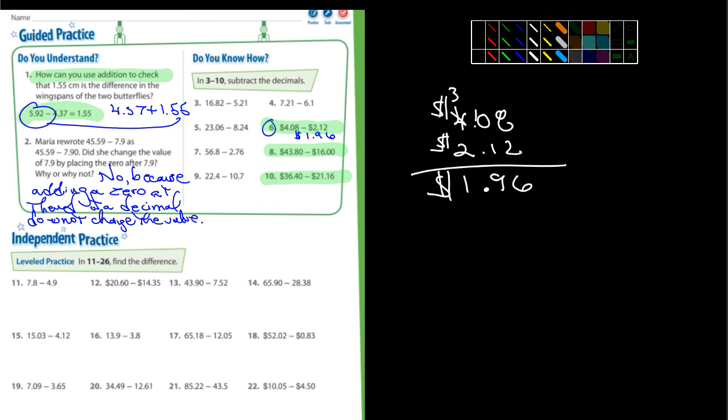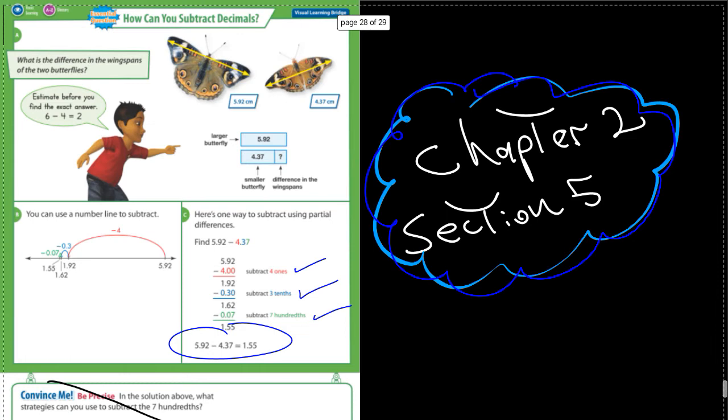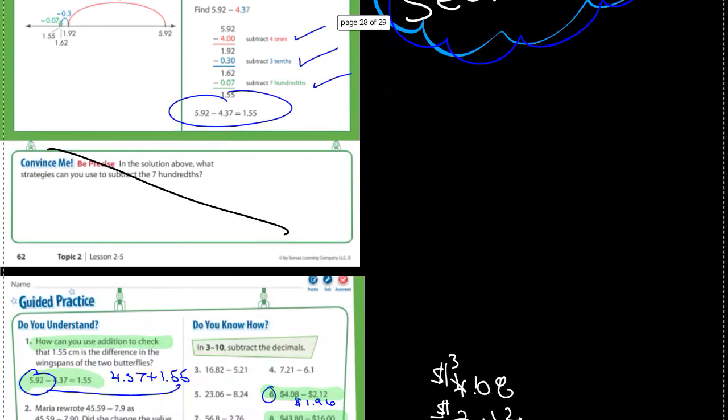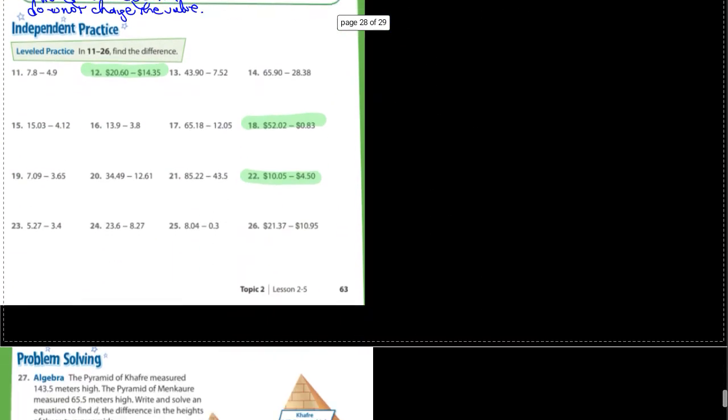I'm looking down below, 11 through 22. I see some more dollar signs, some more dollar signs. Is there any others? Yeah, number 12 has a dollar sign, so you would label those because they're talking about money. Okay, let's look at the next page here. We're under 10 minutes. We're doing pretty good.